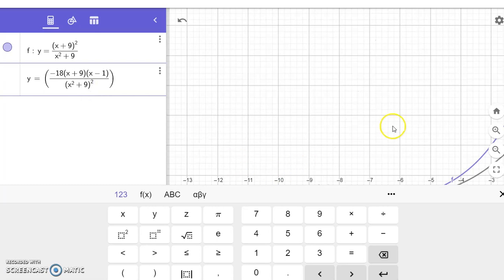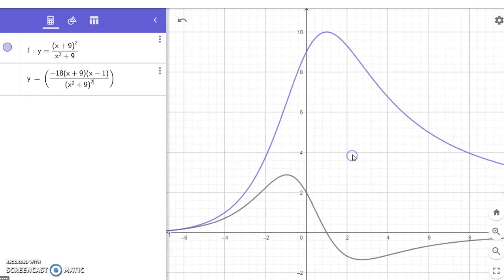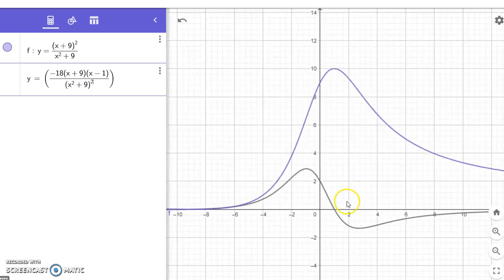There we go. All right, and that's kind of cool looking. Yeah, pretty neat. So what we do here is, this is the graph of the derivative. So you can see how it follows, like at this point here is where you start going from this, and where it starts kind of slowing down.